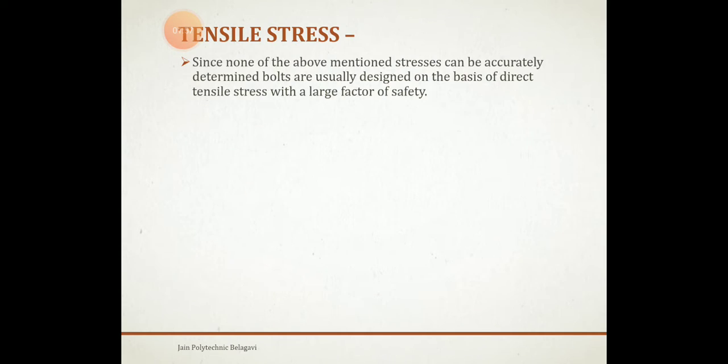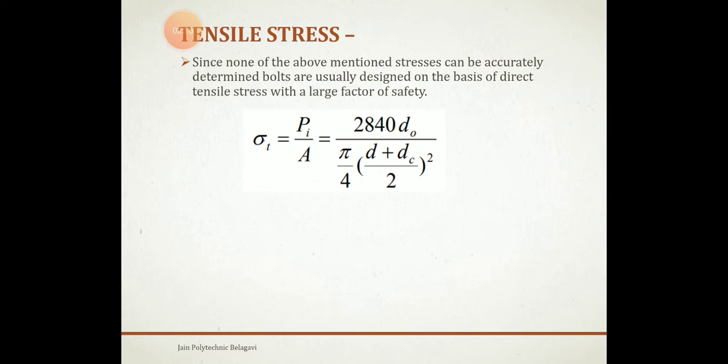Now, tensile stress. It is very difficult to find out the exact stresses which are acting on the fastener, so we have to take a very high safety factor while designing the fasteners. So these are the tensile stresses which are going to act. That is sigma T, the tensile stress, equal to Pi, the initial force due to the tightening, divided by the area of the cross section.